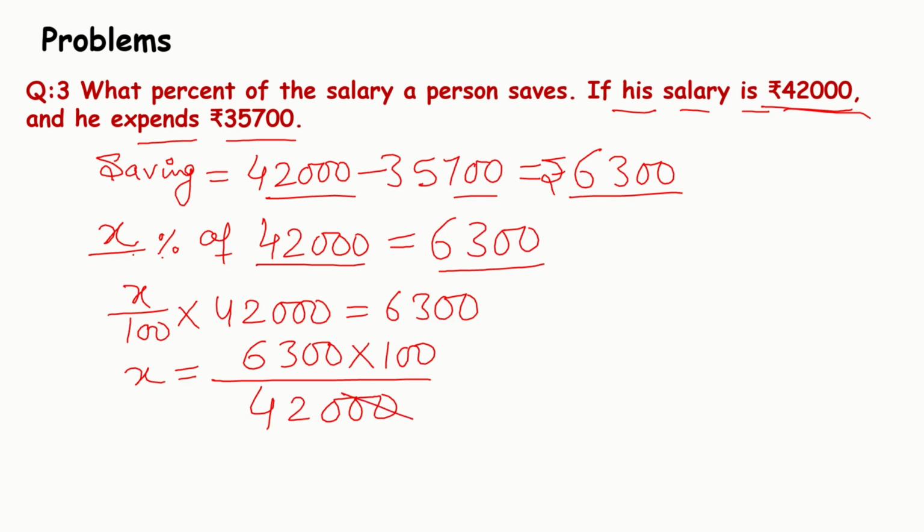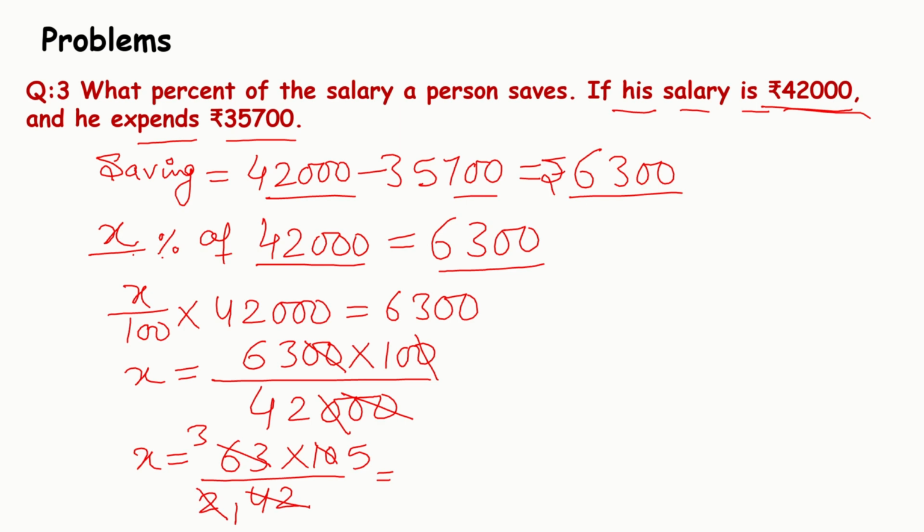Now these two 0s will be cancelled with these two 0s. This one more 0 will be cancelled with this 0. Now the value we are left with is 63 times 10 over 42. Now 21 times 2 is 42. 21 times 3 is 63. 2 times 1 is 2. 2 times 5 is 10.